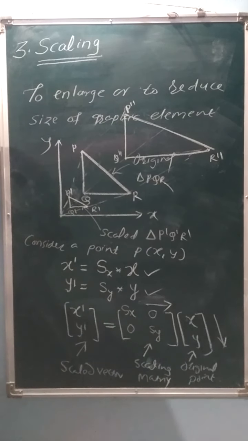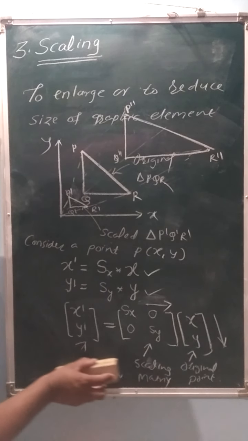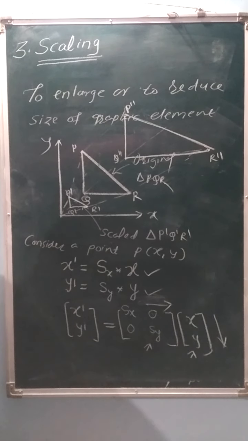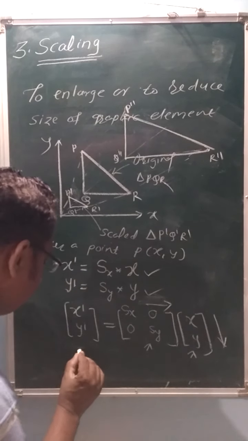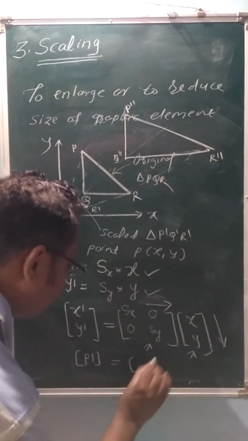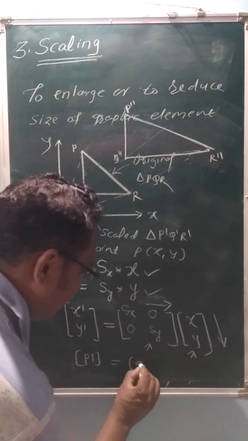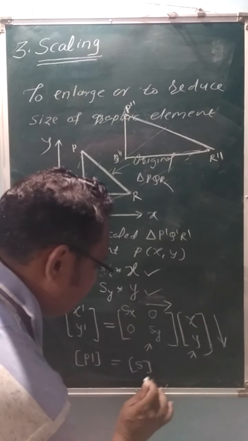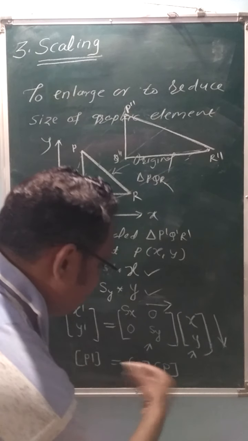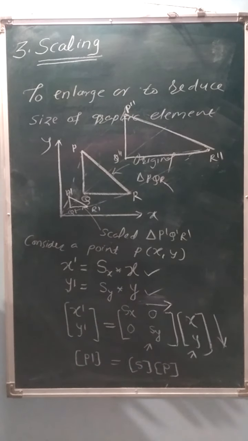That means we can write x dash, y dash as P dash equals S times P, where this matrix is denoted by S and this one is the original point.